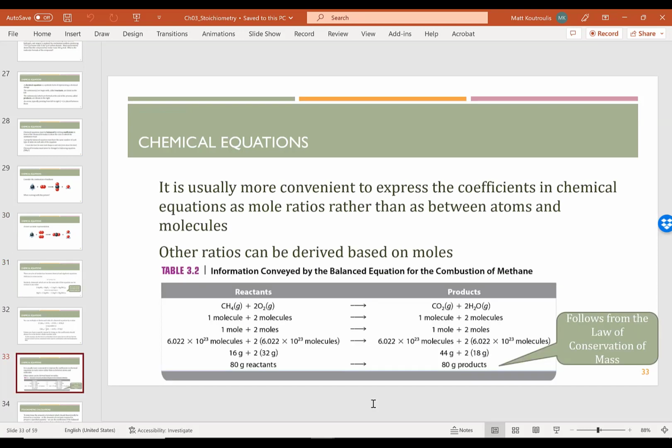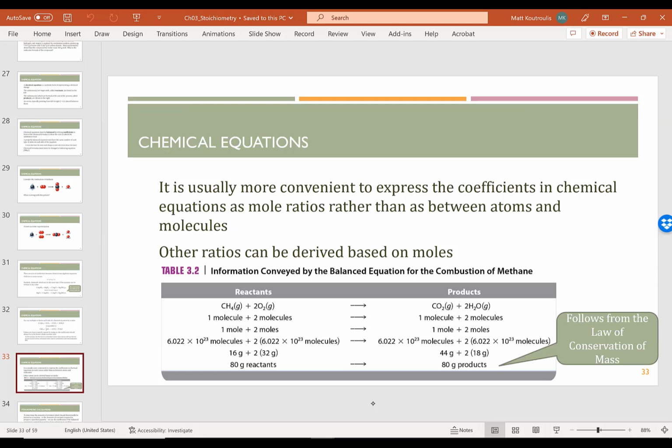So the book gives you this table that shows all the different ways that you could write these. We'll normally write it the way on the top, but we will understand it as the third way. A mole of CH4 plus 2 moles of oxygen gives you a mole of carbon dioxide and 2 moles of water.